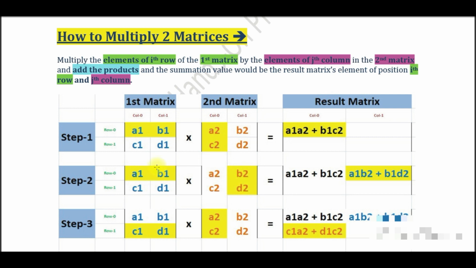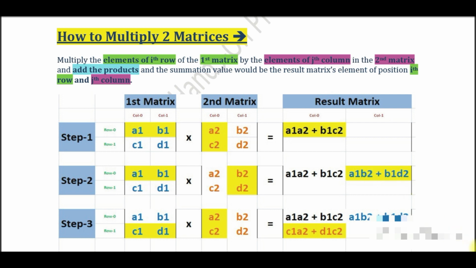So we have to do multiplications and additions of this row and this column. So here you can see a1 into b2 plus b1 d2. So we multiply these, add the products, and the final result will be in position i equal to 0 and j equal to 1. So at the 0 1 position we will get the value.